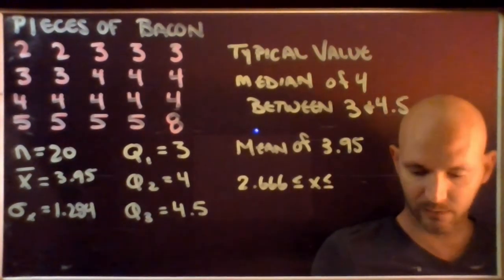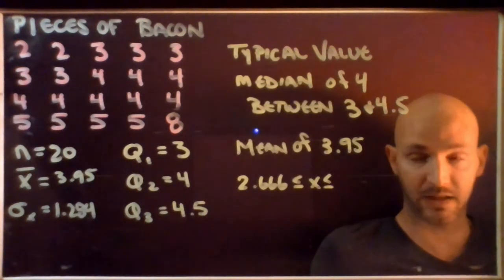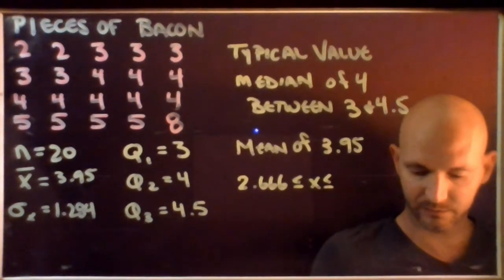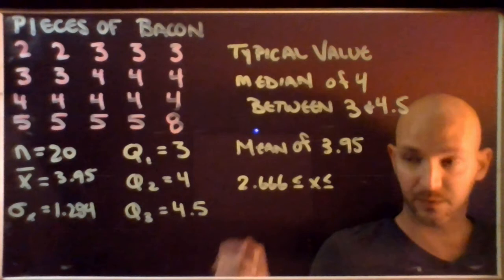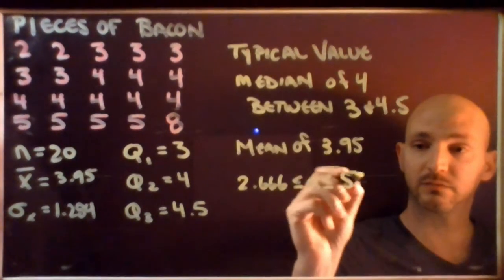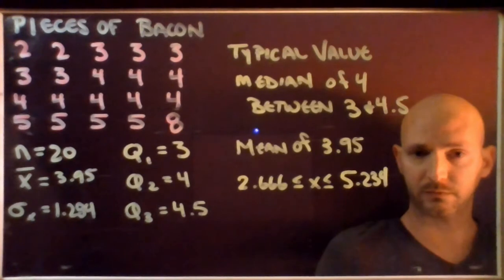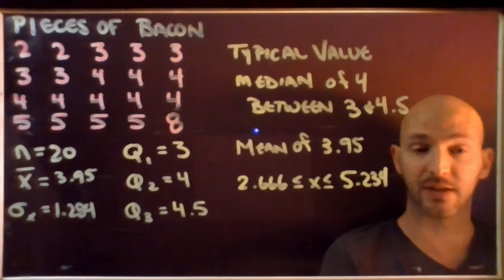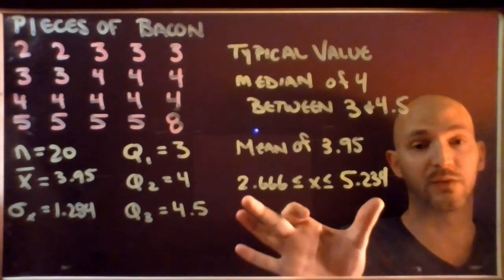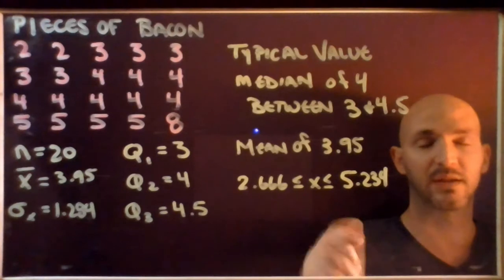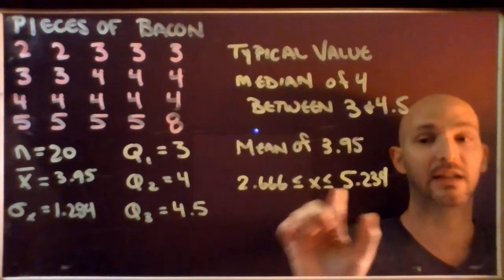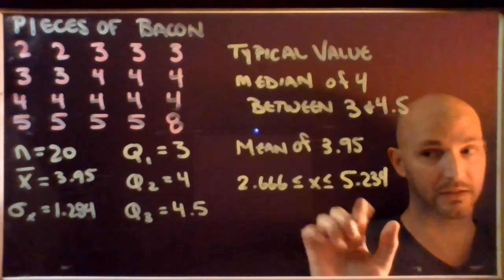And if I were to add one, 3.95, my mean value, plus one standard deviation, so plus 1.284, gives me 5.234. So according to the mean and standard deviation definition, the typical value falls between these values. A typical person on a typical day takes between 2.666 pieces of bacon and 5.234 pieces of bacon.